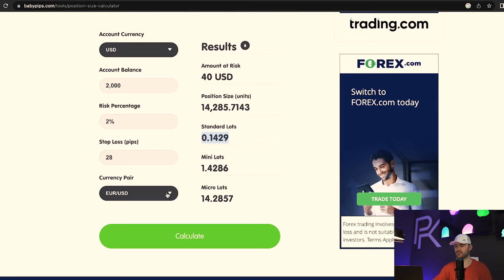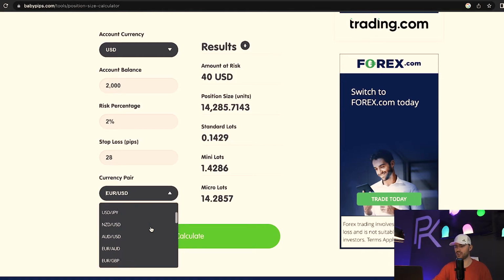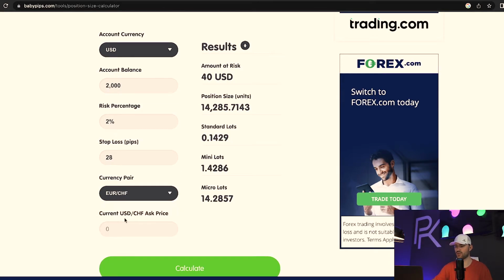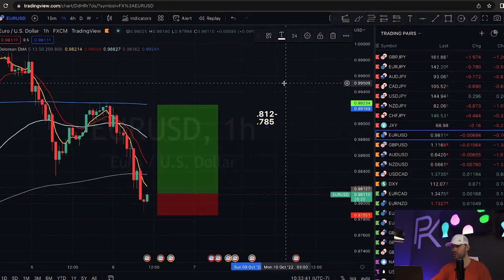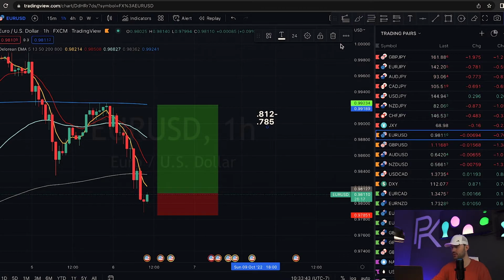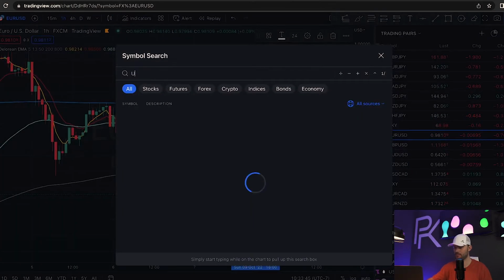Now, notice this, guys. What if I were to change everything the same, but I'm going to change the currency to say Euro Swiss? What would happen there? Well, the first thing it's going to ask me to do is go and find my USD CHF ask price. How I'm going to do that is I'm going to go over to USD CHF.